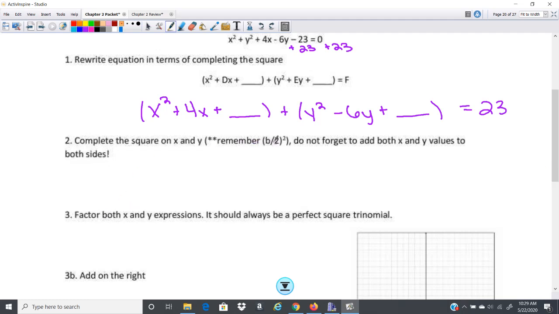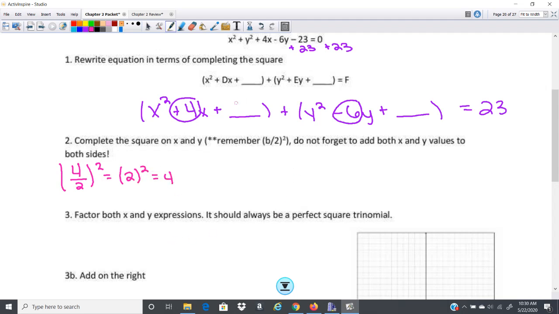So remember that completing the square is b over 2 squared. B is the value with the x, so it's going to be these two values here. Okay, so let's go ahead and do that. So you have 4 over 2 squared. That's going to give you 4 over 2 would give you 2 squared, which is 4.